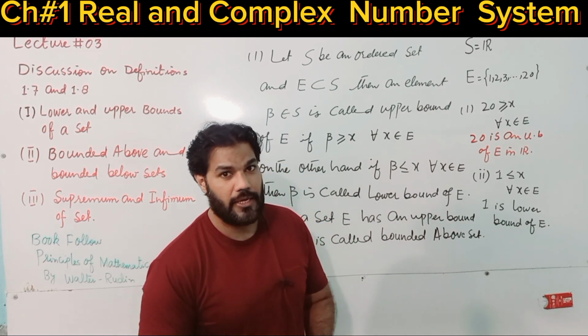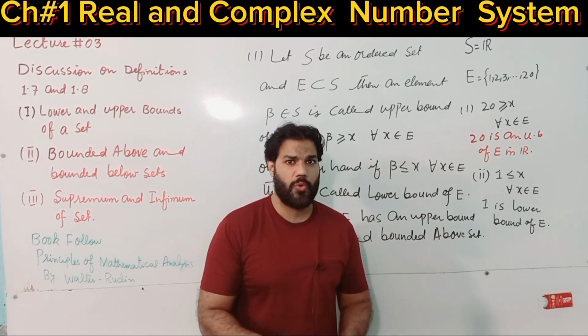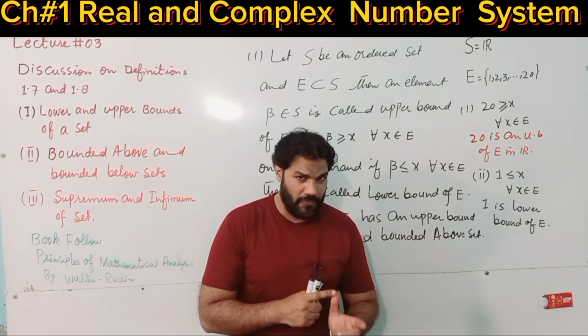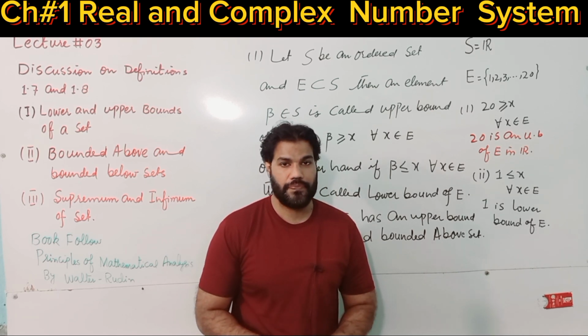Because set E has an upper bound as well as a lower bound, E is called bounded above as well as bounded below set.